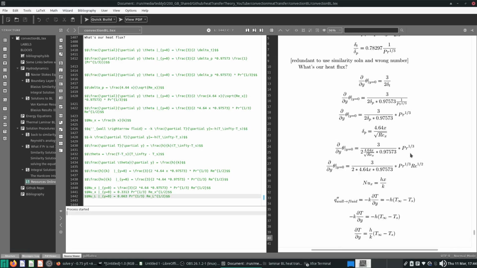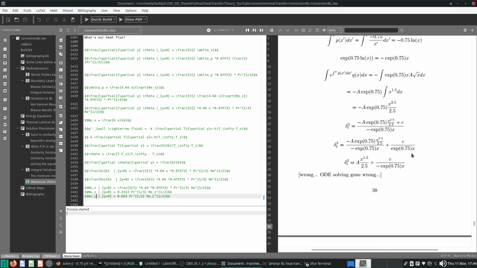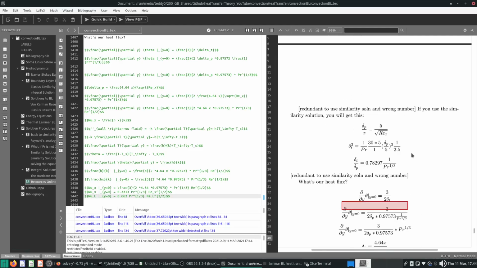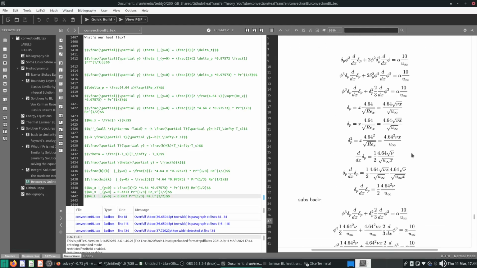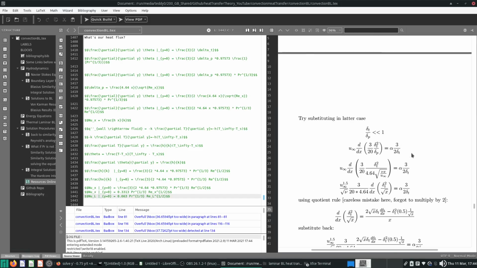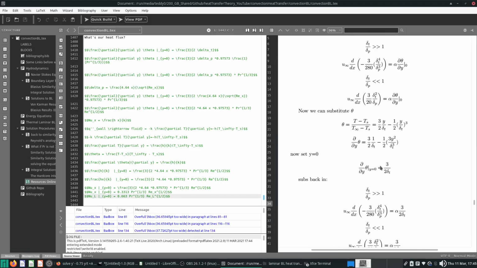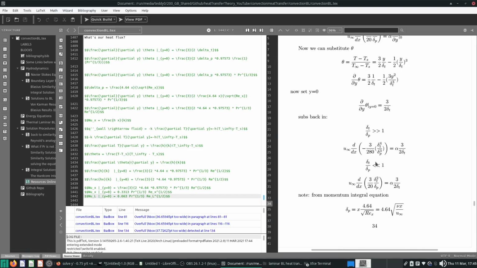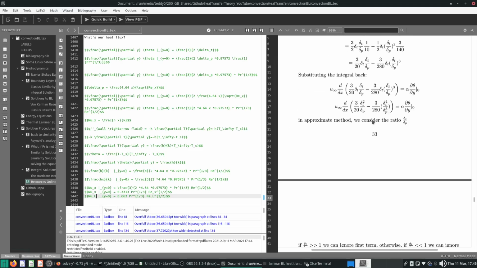Okay, so this is for a Prandtl number that is pretty big. But if you take a look at where we got that assumption from, let's say here, we were actually evaluating this equation.